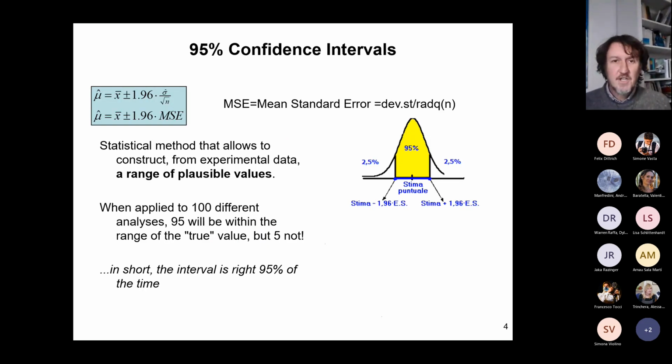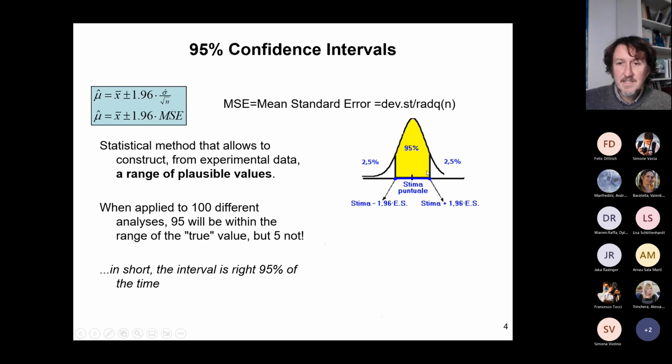A very short introduction on the confidence interval, the 95% confidence interval. It is based on the mean standard error, and the statistical meaning is that when we apply, for example, 100 different analyses, 95 will be within the range of the true values, but not 5.